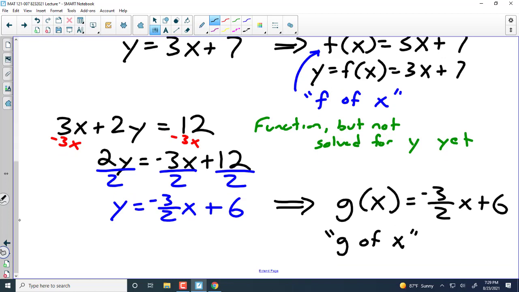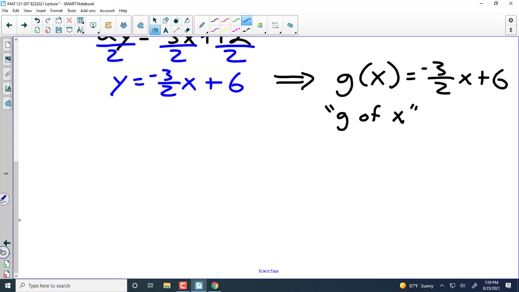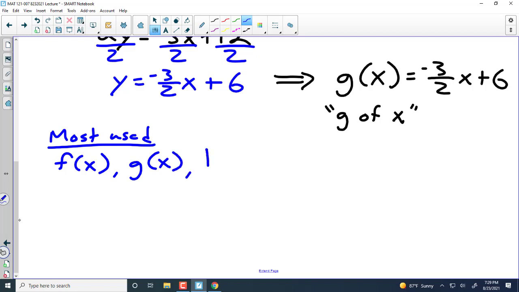In fact, quite often we have to work with multiple equations, and the most used things you'll see are f of x, that's the big one, g of x, and sometimes when someone needs a third equation, they use h of x. You could actually use any letter you wanted, except you couldn't use the x again. You can't say x of x.